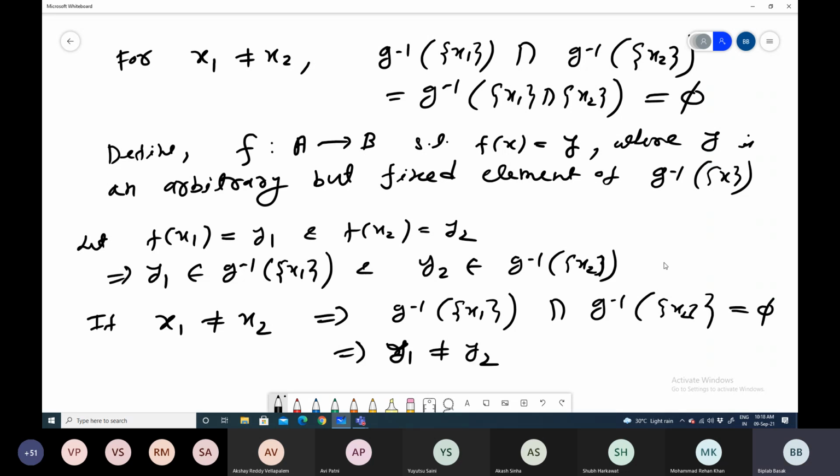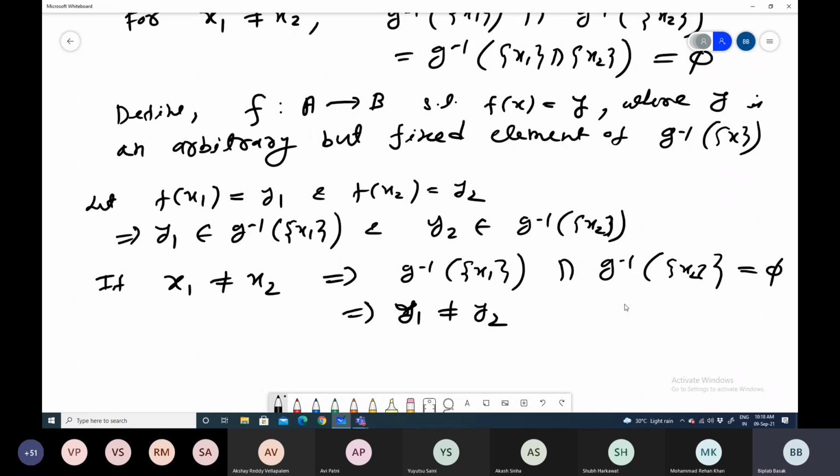So we are done. That implies f is injective. Therefore the statements are equivalent. That means if there is an injective function from A to B, then there is a surjective function from B to A, and it is true conversely as well.